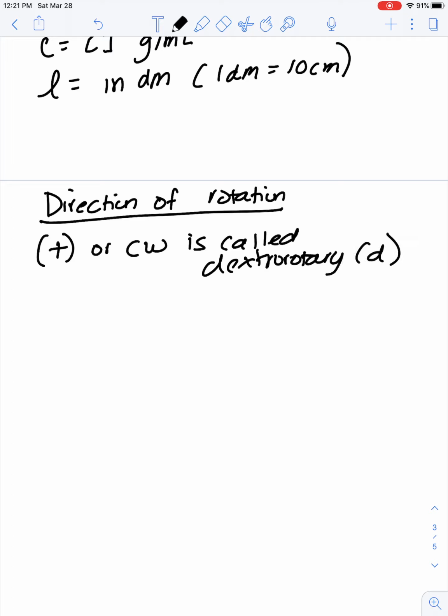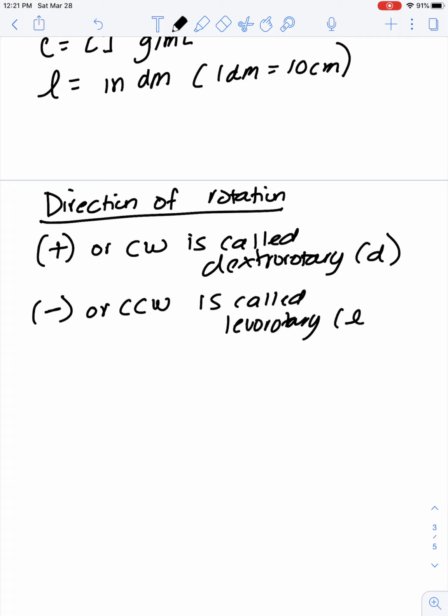We also have negative, or counterclockwise, which is called levorotatory, shown with a little l. You are looking at D-carvone and L-carvone as your enantiomers in your lab experiment this week.